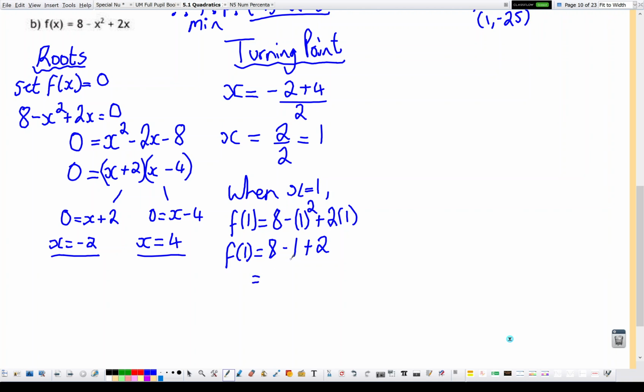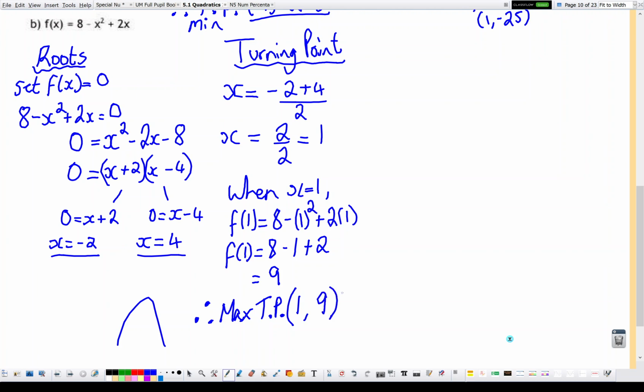So 8 minus 1 is 7, 7 plus 2, that's 9. So therefore, this time, remember, it's a maximum turning point because it's going to be like a sad face parabola. The turning point is going to be up at the top here. So the max turning point is x value 1, y value 9.